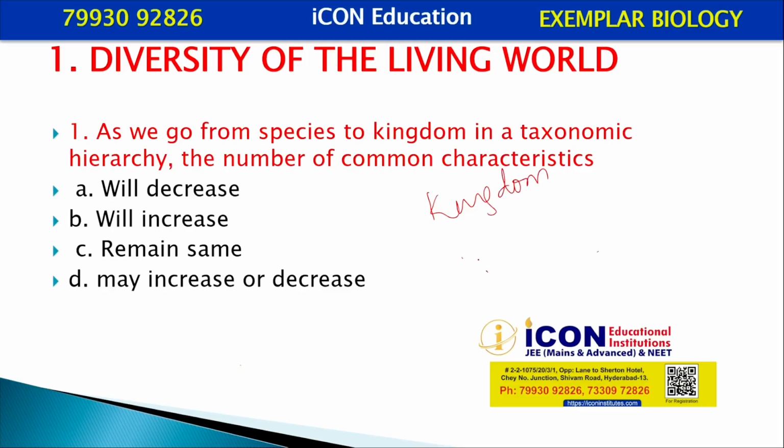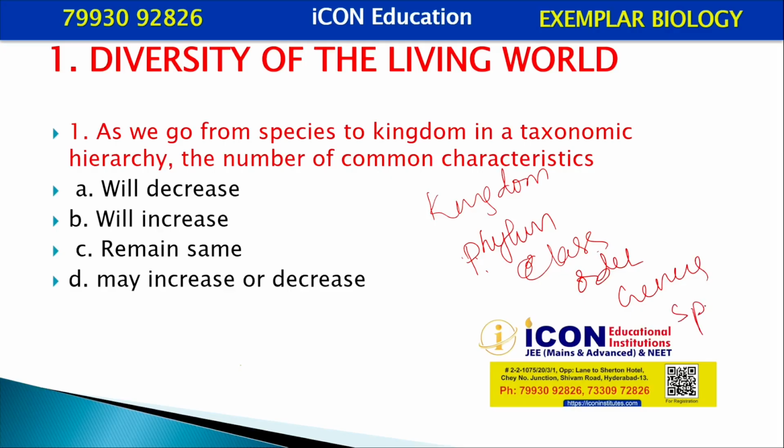Below the kingdom, we find phylum, then class, then order, then genus, then species. So from the kingdom to the phylum, class, order, genus and species, the common characteristics are going to increase.